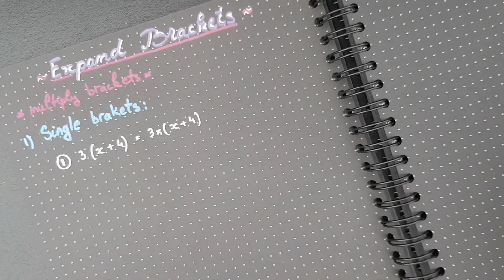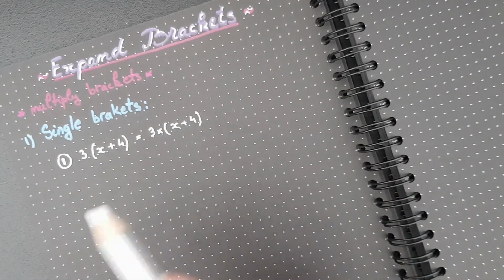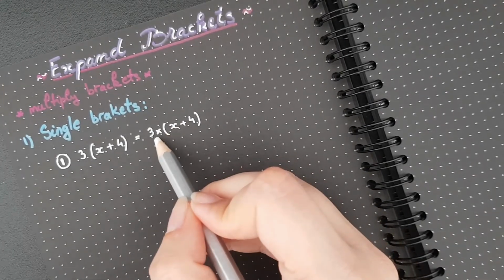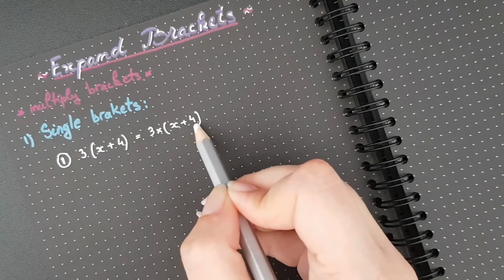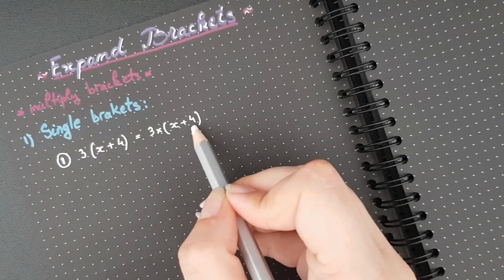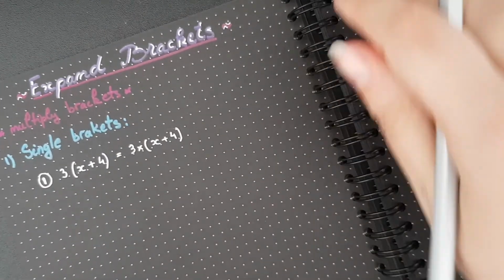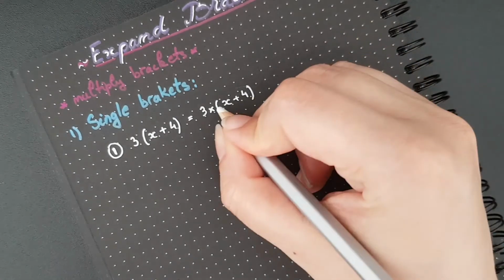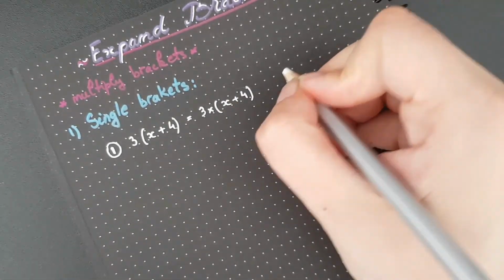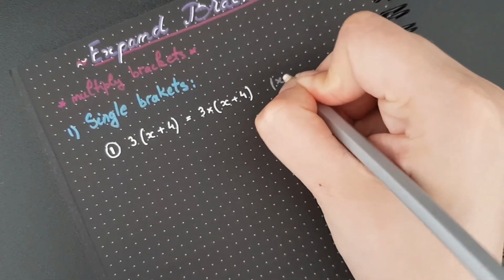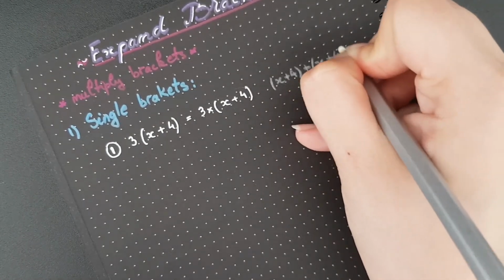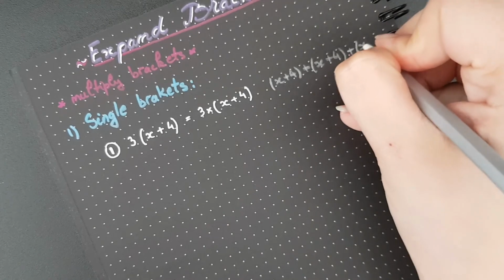Now, when we do this type of question, what you have to understand is that I actually have 3 of these brackets added together. So I've got an x plus 4 plus another x plus 4 plus another x plus 4.